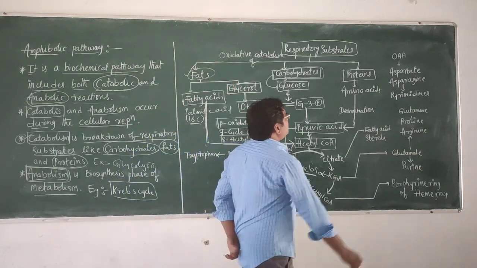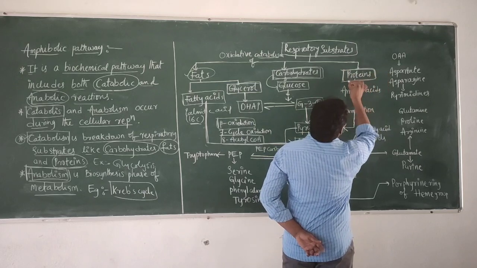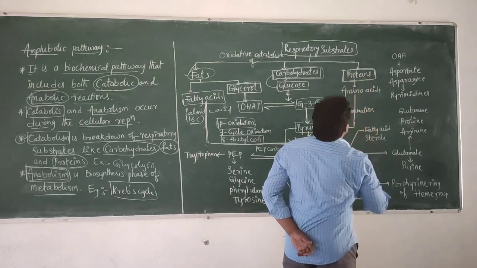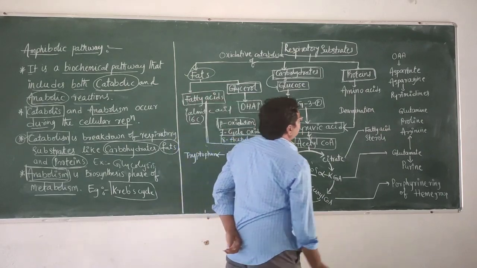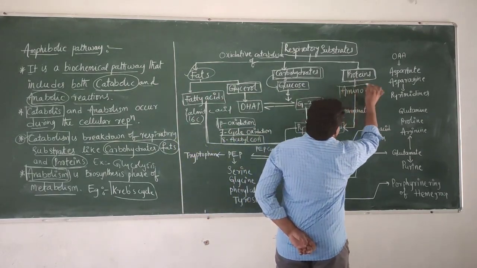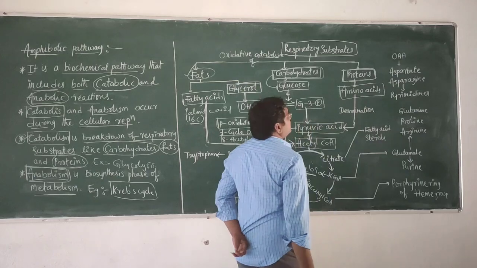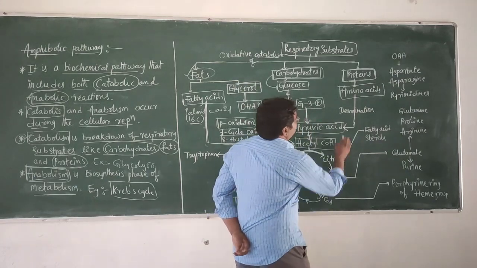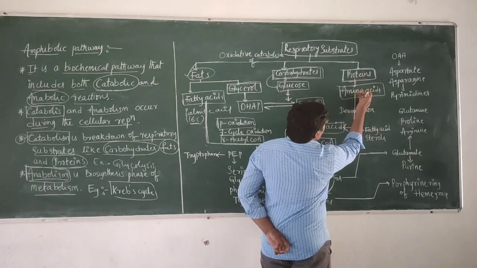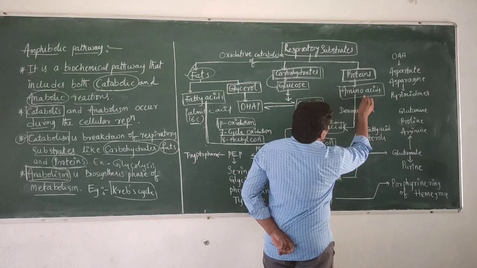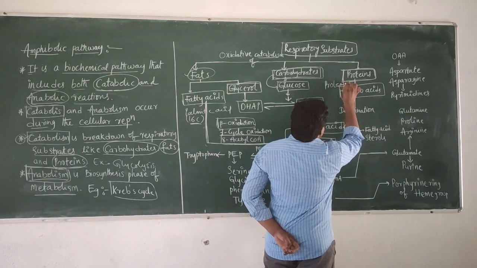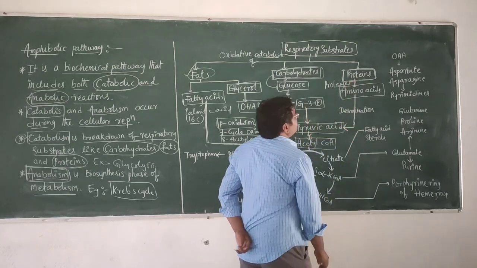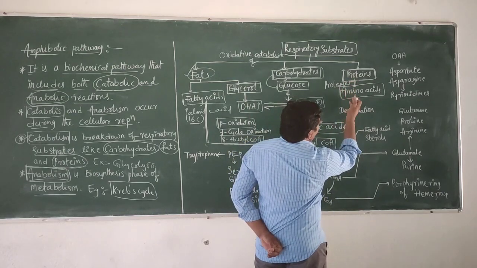Next, the third respiratory substrate is proteins. During the oxidative catabolism of proteins, amino acids are formed. Protease enzymes break down the proteins into amino acids.